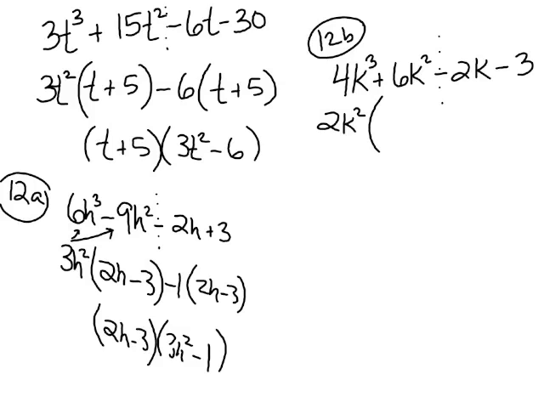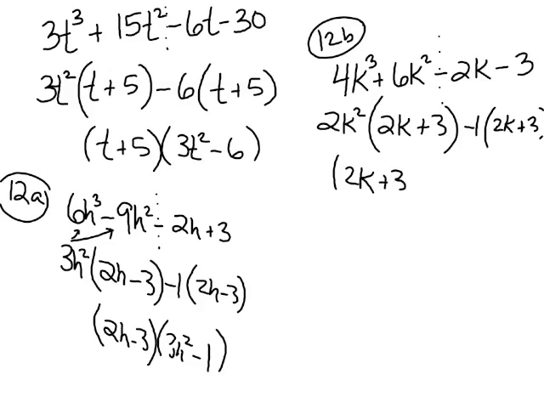How do I go back to this? 2k plus 3. Okay, so what do I know I need to do over here on this side? I need to pull out the negative 1 because I need it to be 2k plus 3. Then I put my terms that are the same in a set of parentheses and group everything that was left over.